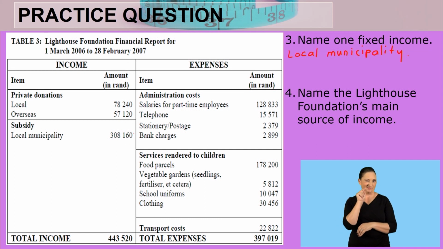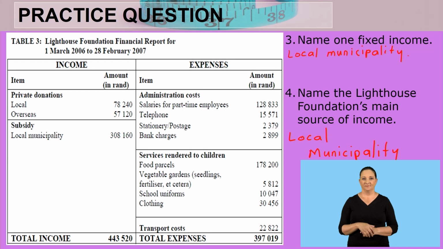So I think that has to be the main source of income. And its name is, again, local municipality.